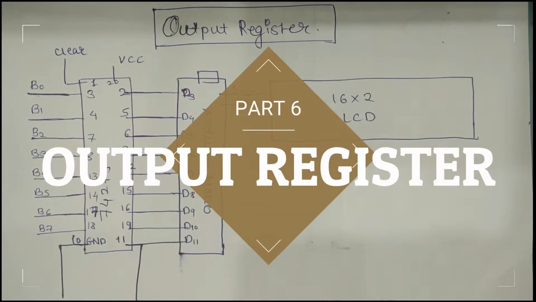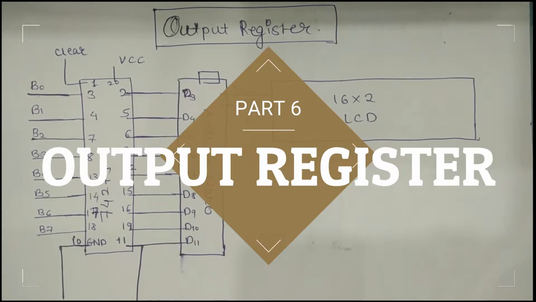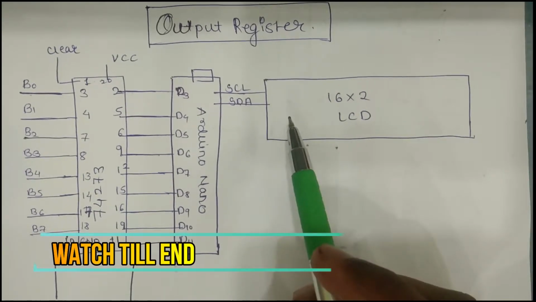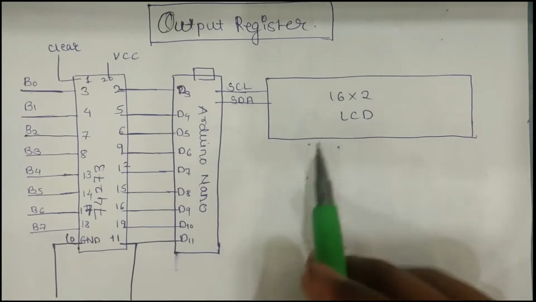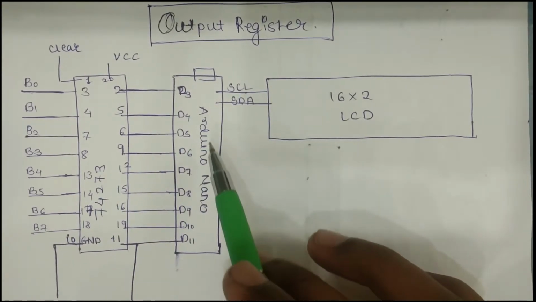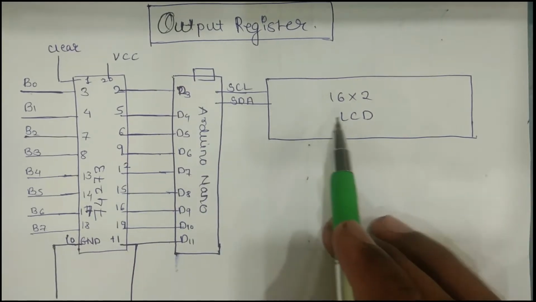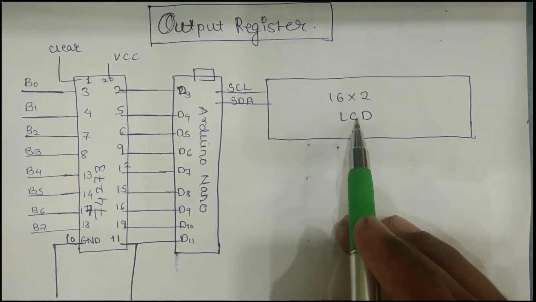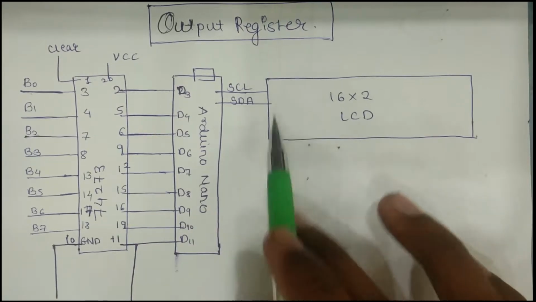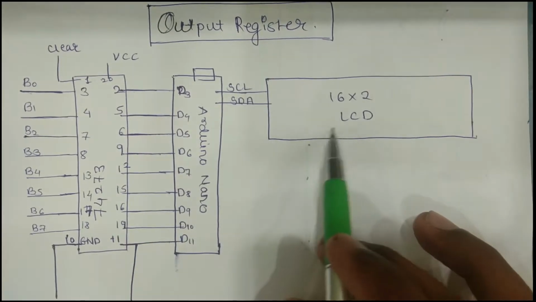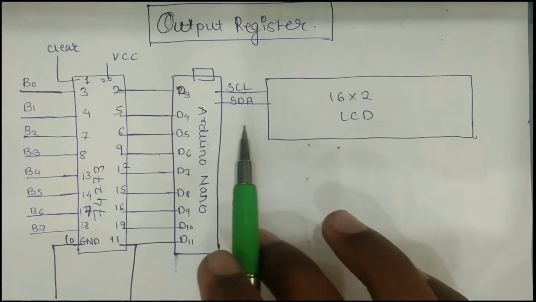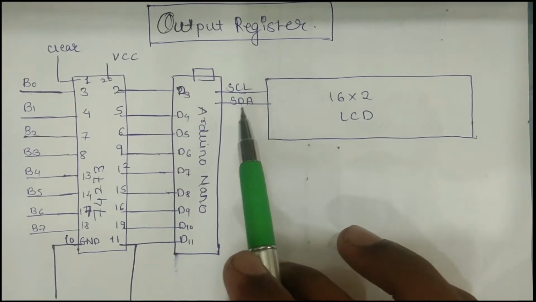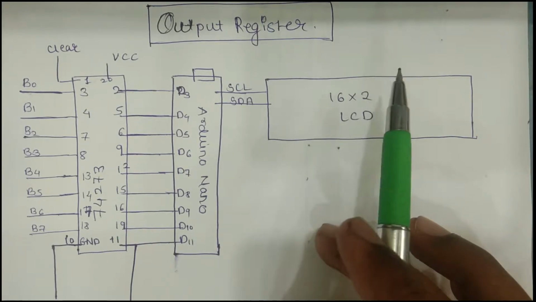Output register. Basically, in past videos I have not told many things about the output register. It will be designed using a 16 by 2 LCD module, and for displaying the value on the 16 by 2 LCD, we need a microcontroller.